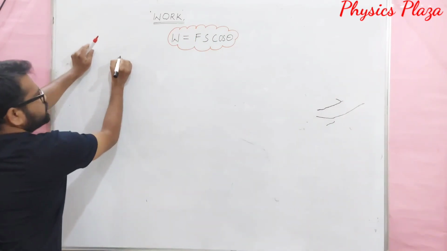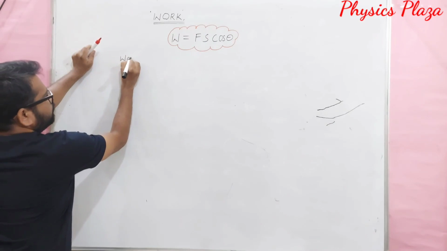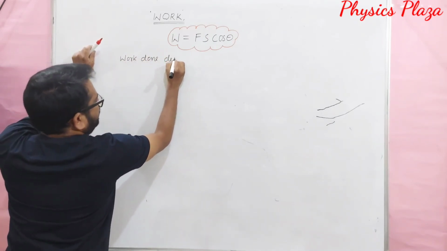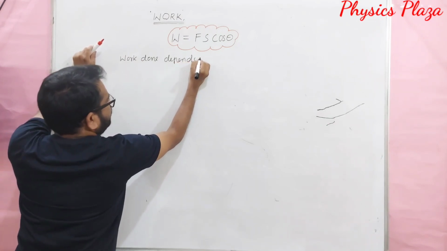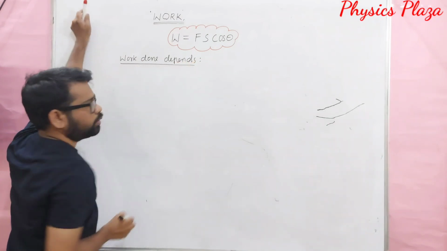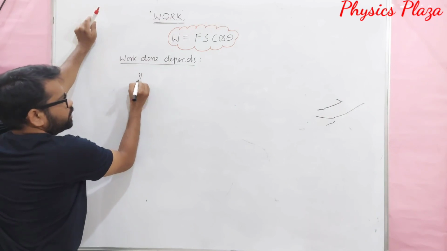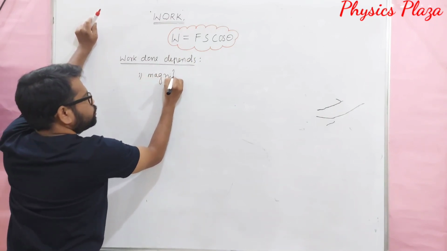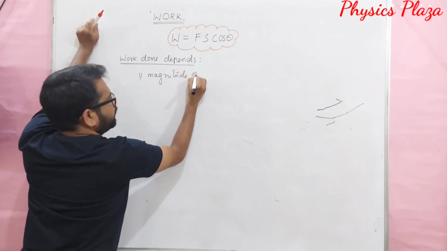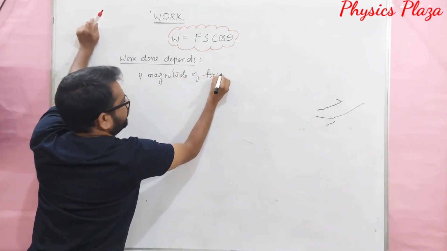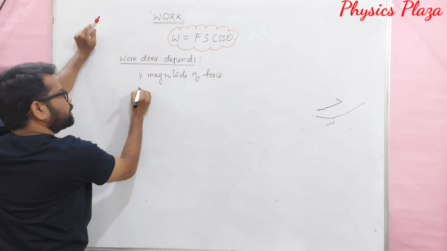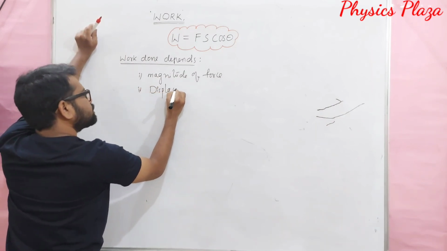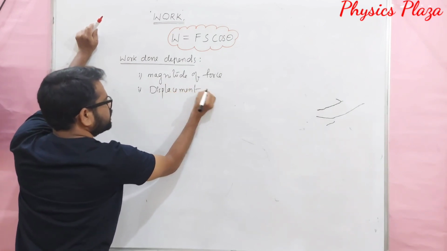Children, work done depends on three factors. It's very important. Work done, please note down. Work done depends on the following factors. First, it depends on the magnitude of force. Second factor is the magnitude of displacement.